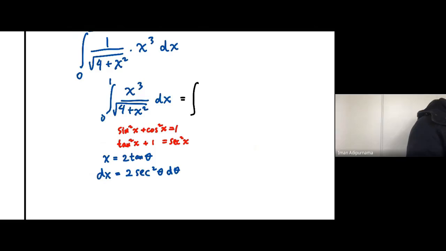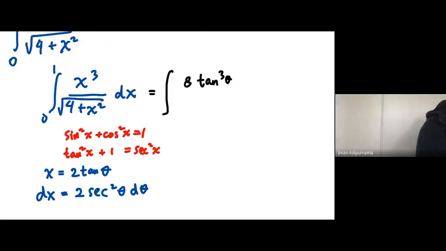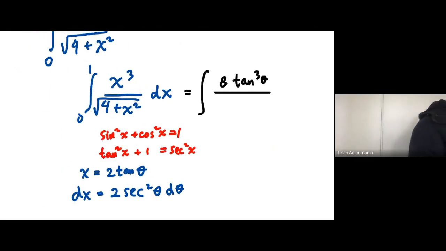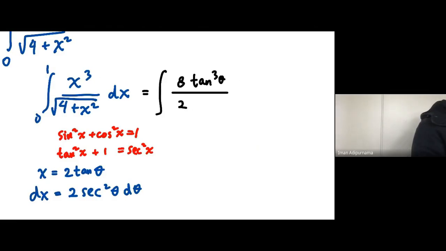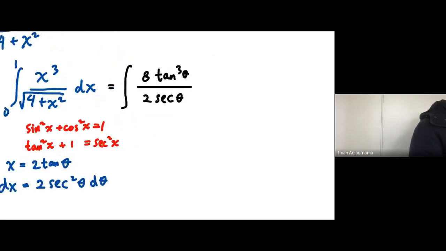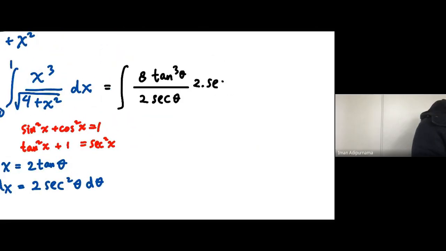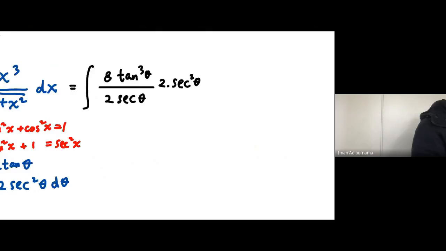Let me just write the integral: 8 tangent cubed theta, and 4 plus 4 tangent squared is 4 secant squared. So I will have 2 secant, and then the other one is 2 secant squared theta and d theta.